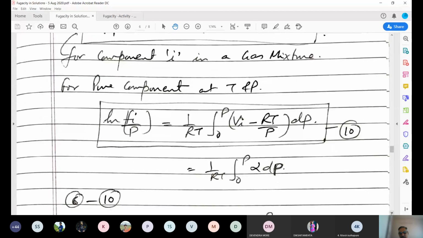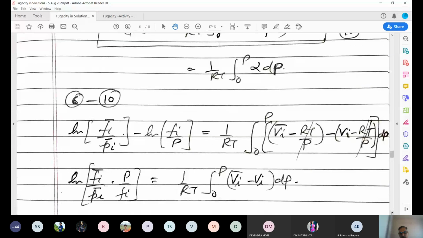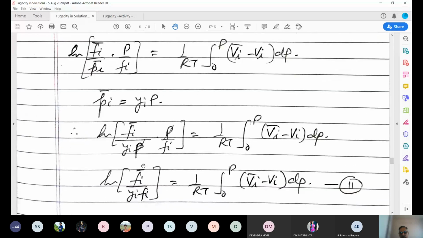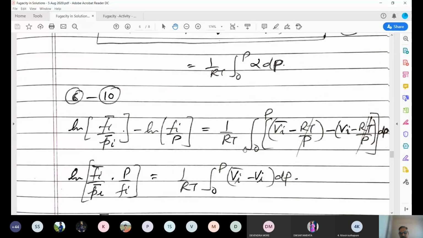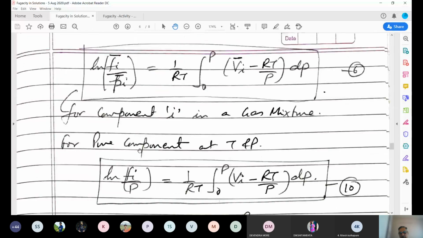Correct? And that's why we have taken, ultimately our goal is to find out the fugacity of component in solution from the fugacity of pure component. That's our objective. That's why we are doing all this. We took the fugacity of solution, component I in solution and component I in pure state, and then we are trying to correlate these two.